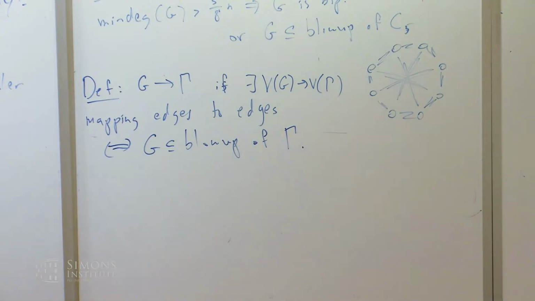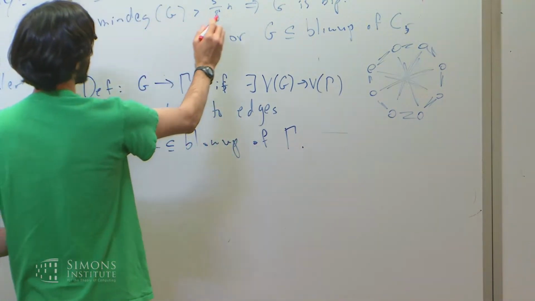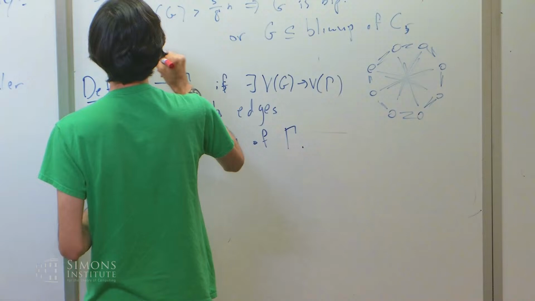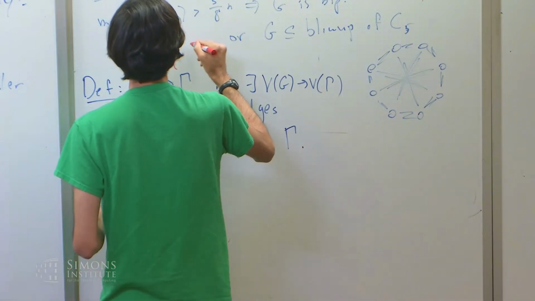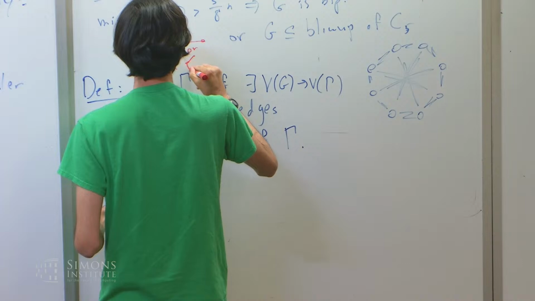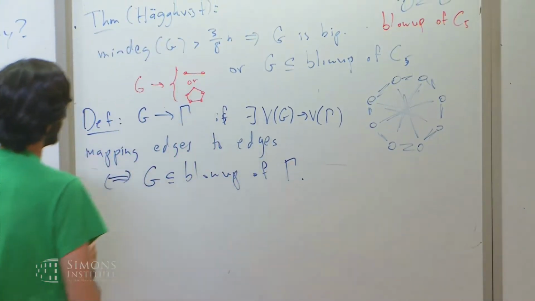So another way of saying Hegquist's theorem is that if your minimum degree is strictly greater than 3/8 n, then G is homomorphic to either just a single edge or to a pentagon. Right?